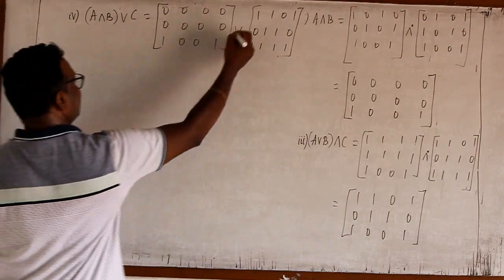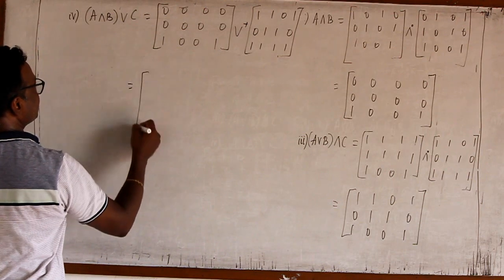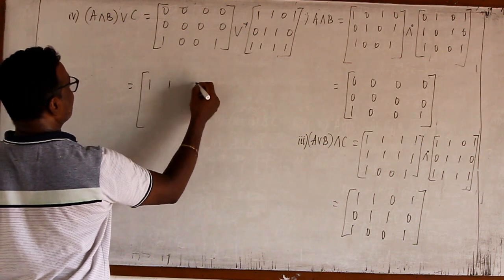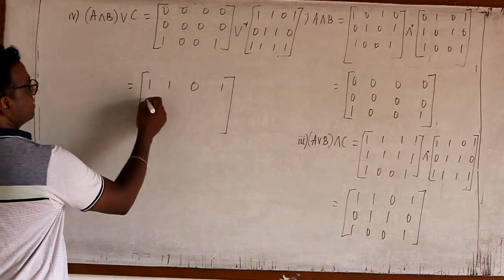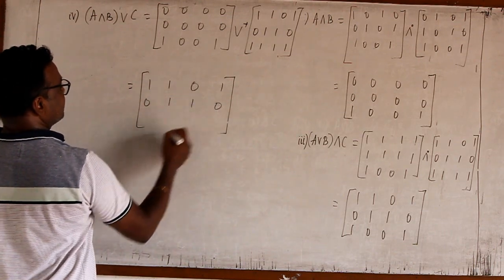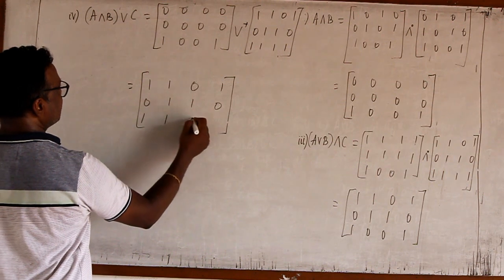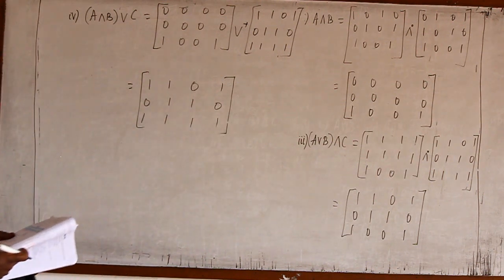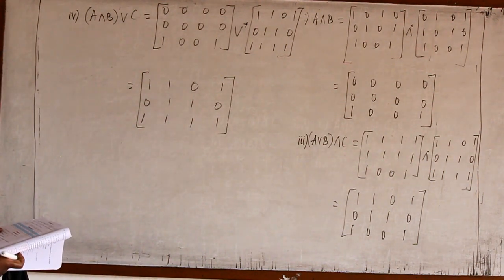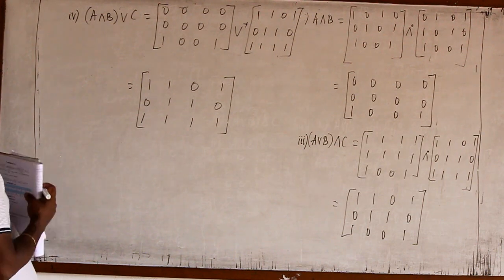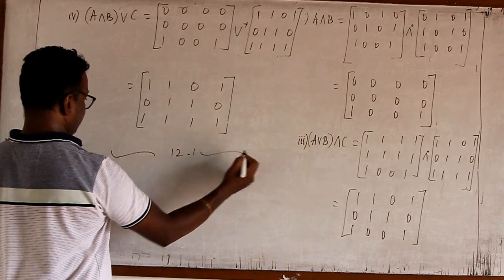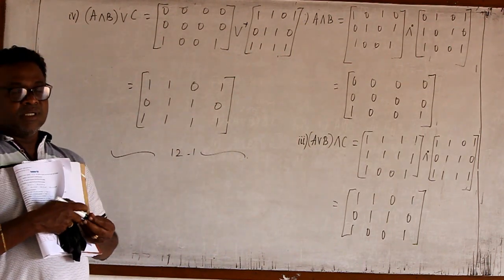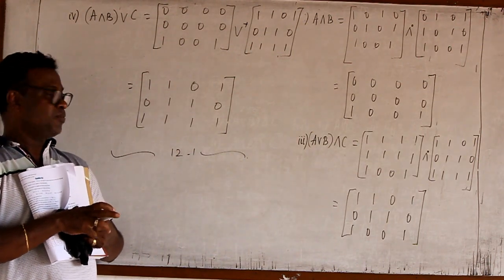I have to add: 0 plus 1 is 1, 0 plus 1 is 1, 0 plus 0 is 0, 0 plus 1 is 1, and so on. The result is 1 1 0 1 0 1 1 0 1 0 0 1. So that's all. With that, exercise 12.1 is over. So we shall see exercise 12.2 next.